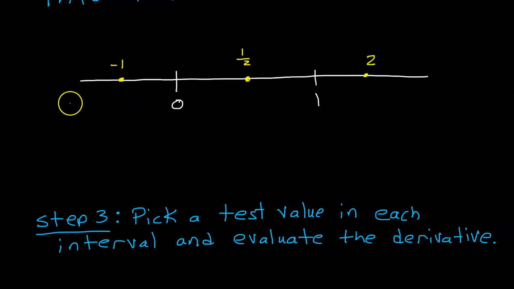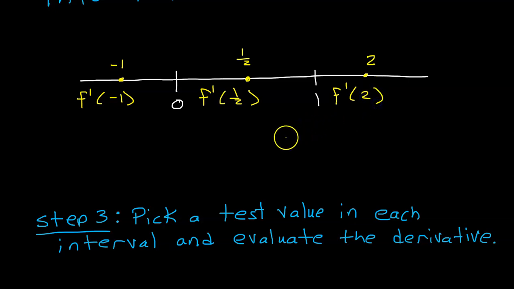So we need to evaluate the derivative at negative 1, and we'll evaluate the derivative at 1/2 and the derivative at 2. And all we really care about is whether or not the derivative is positive or negative. Okay, the actual value is not important right now.